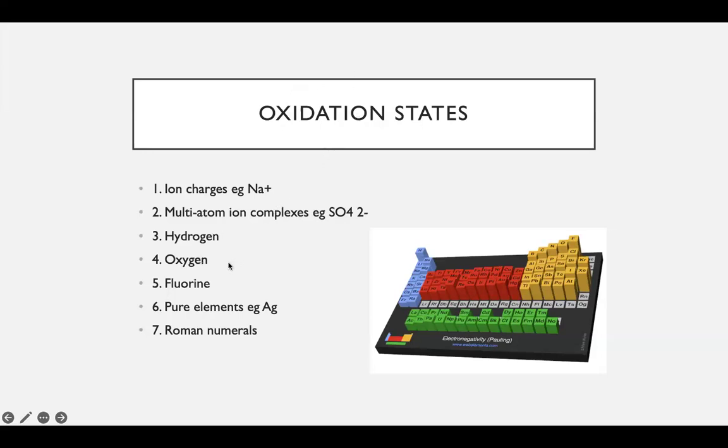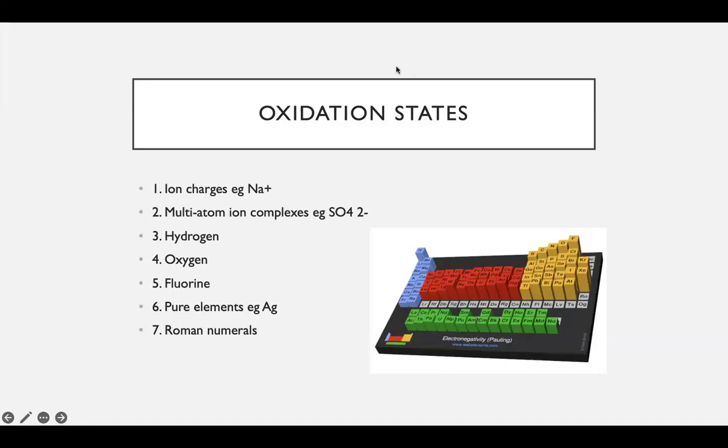Usually oxygen is going to have a -2 oxidation state. Likewise, hydrogen is almost always going to have a +1 oxidation state. The exception is in some chemicals called hydrides, like sodium hydride, NaH, where it will have a -1 oxidation state. Fluorine, always -1.